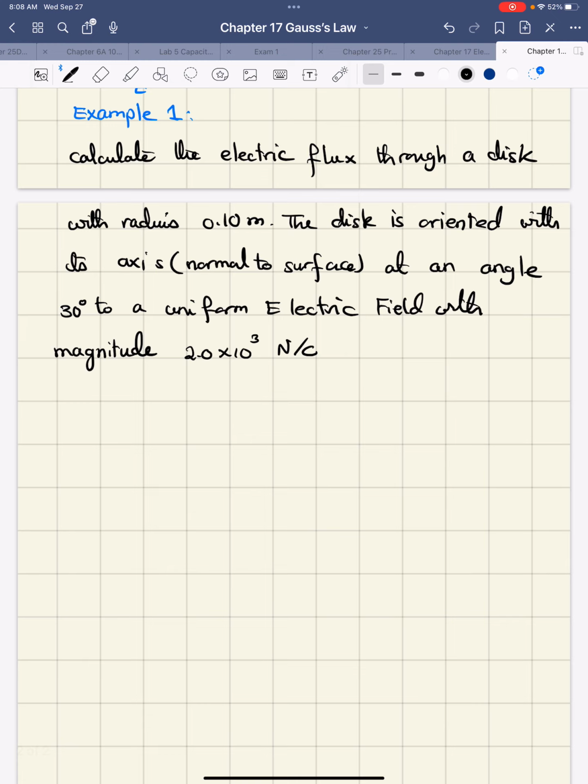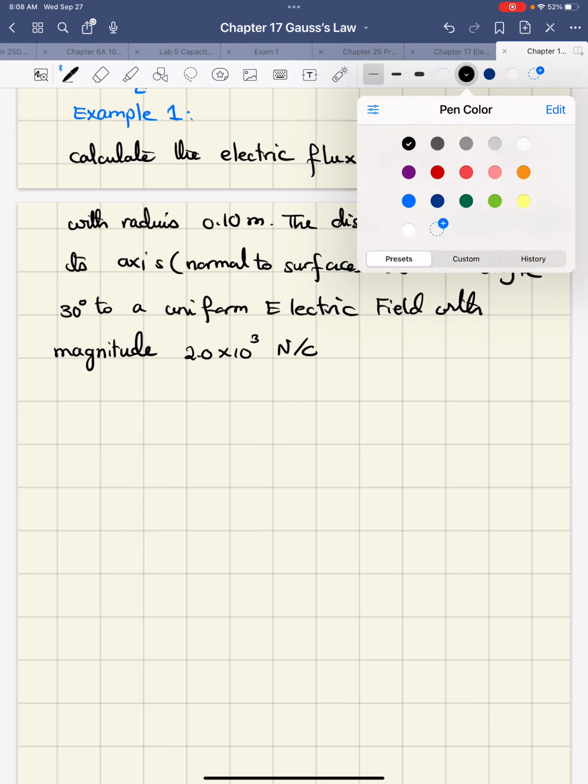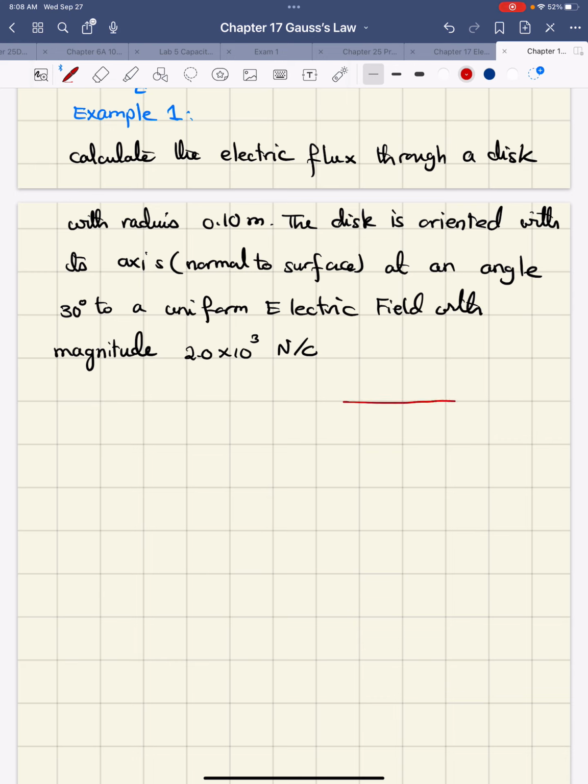Now I will calculate, when it has this orientation, and here I will have a diagram.